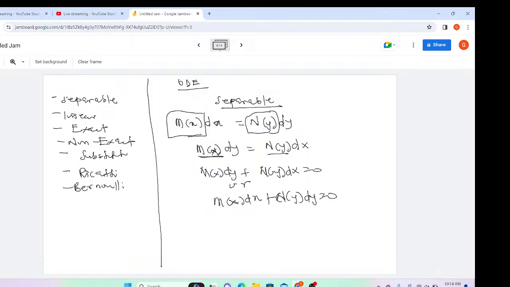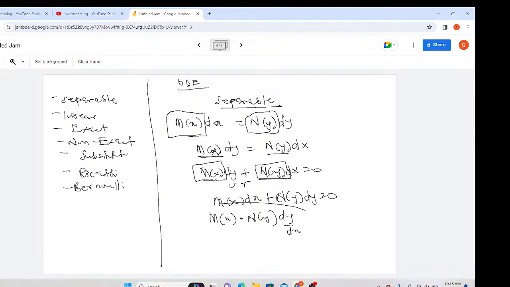One thing we should look out for is that our function should always be a function of x alone. There shouldn't be any y. And our y here should always be a function of y alone. There shouldn't be any x. If there should be any x, then they should be multiplying. Anytime you have something like a function of x multiplying a function of y, dy or dx, then we can say this is separable.